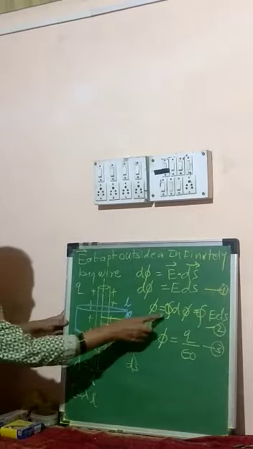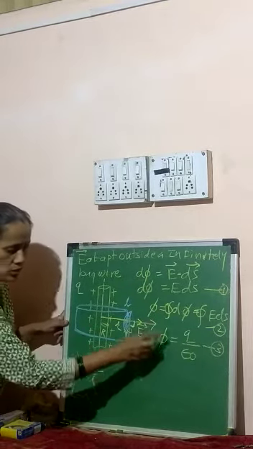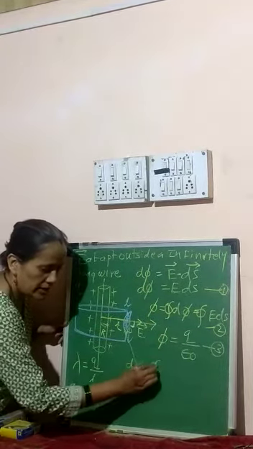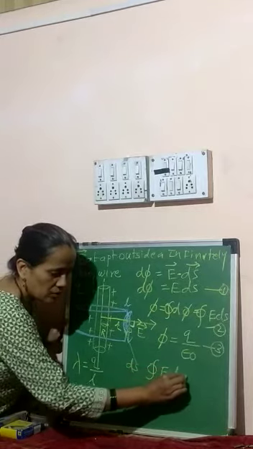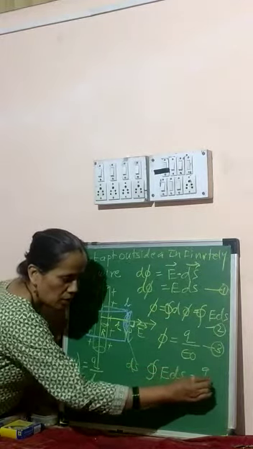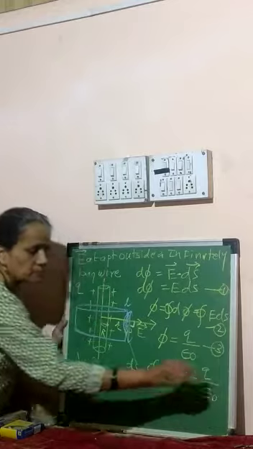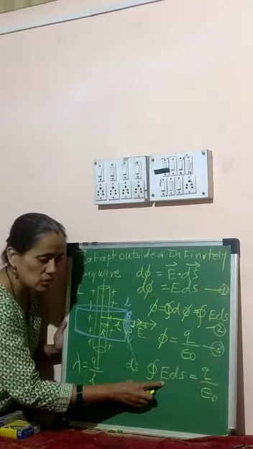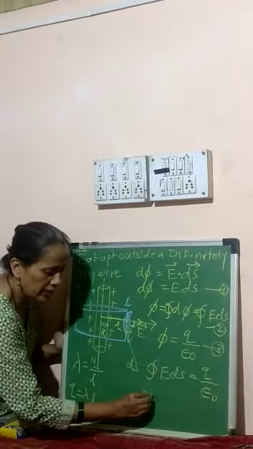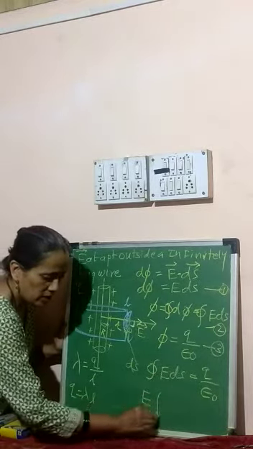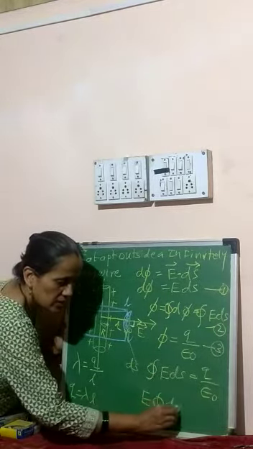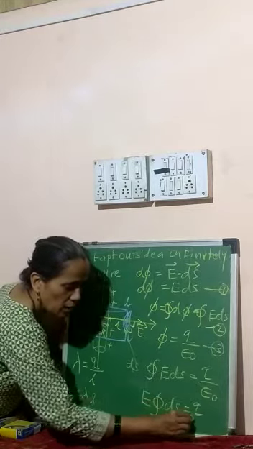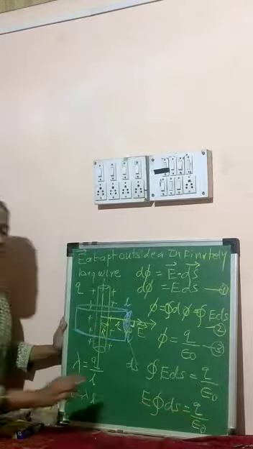Now if I compare equation number 2 and 3, I can write closed integral of E ds, which is equal to nothing but q upon epsilon naught. In that integration, your E is intensity, which is constant, so that should be taken out of integration. So E closed integral of ds is equal to nothing but q upon epsilon naught.